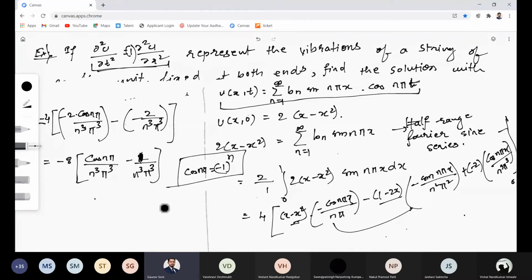How do you get this? You put n equal to 1, cos pi is minus 1. Put n equal to 2, cos 2 pi is 1. N equal to 3, cos of 3 pi is again minus 1. So it is actually following the pattern minus 1 raised to n. That's why I can replace cos n pi by minus 1 raised to n.